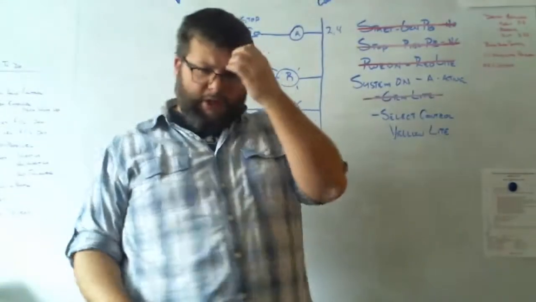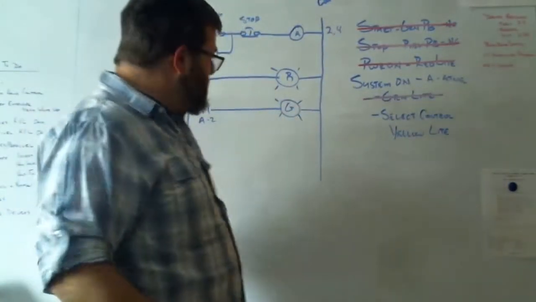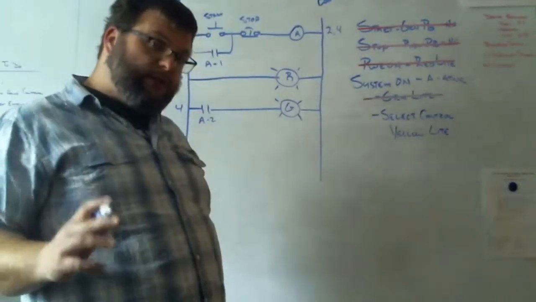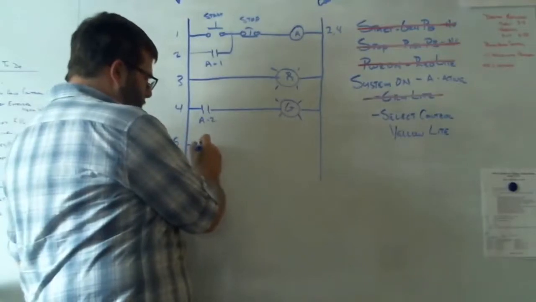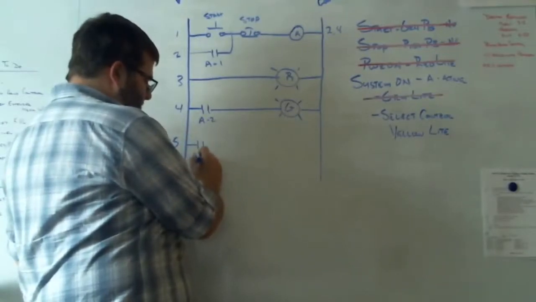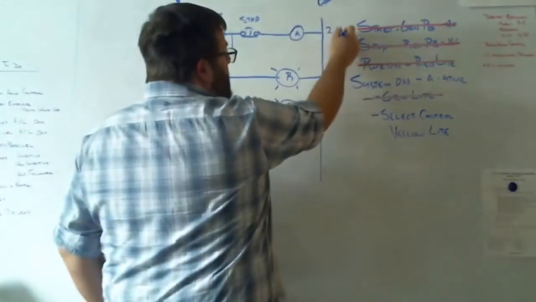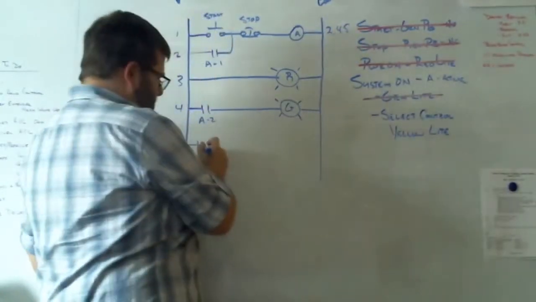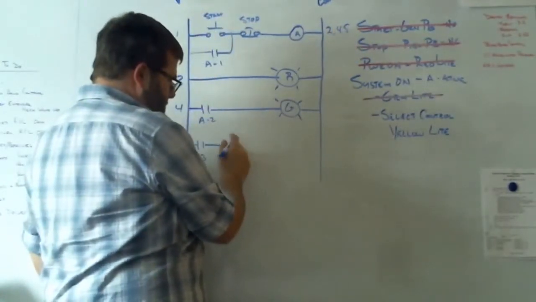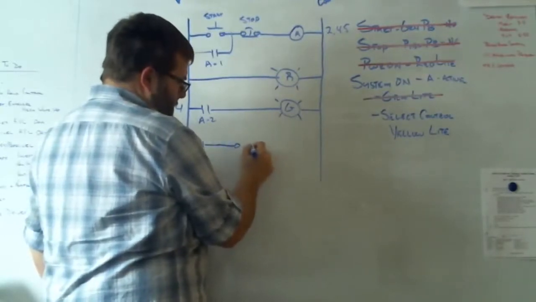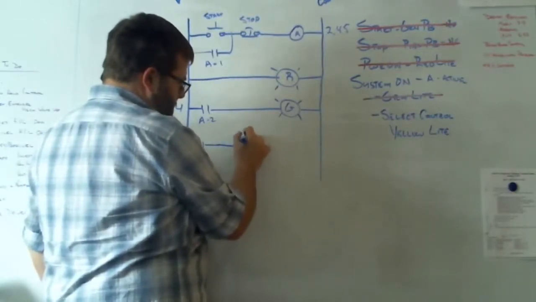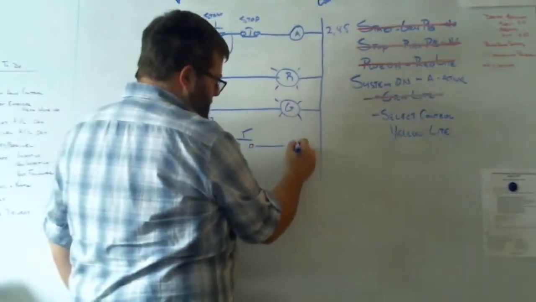A selector switch controls the yellow light when the system is on. There are 2 ways we can do this. We can add an entire new rung, call this A-3, put in our selector switch right here, and turn on a yellow light.